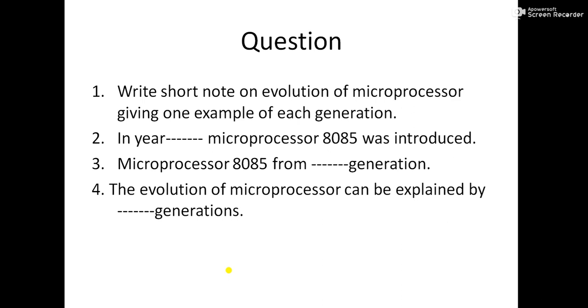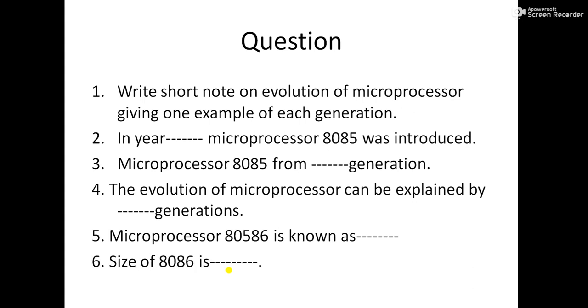Fourth question is: the evolution of microprocessor can be explained by dash generations. So there are 5 generations. Next is: microprocessor 80586 is known as dash. Pentium. Yes, correct. And the size of 8086 is dash. 16-bit. So these are some questions which I have listed down.